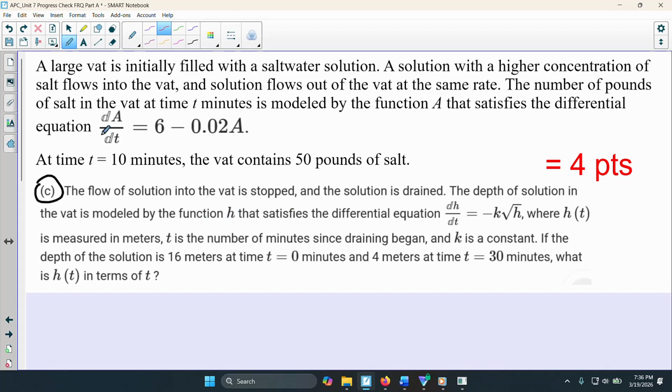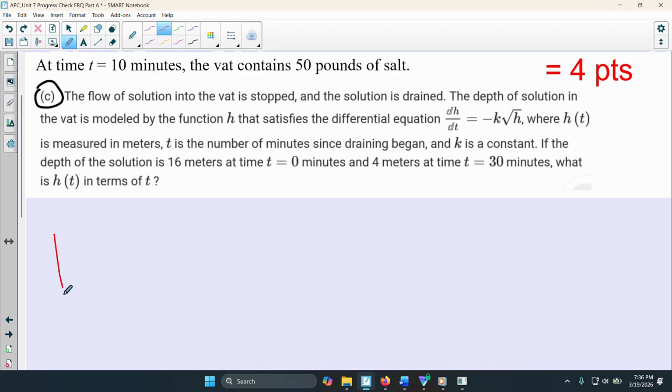So whatever happened here, it pretty much stops. The idea here is that at a certain point you have solution filled up to whatever level you have, and then the flow stops at A, and the solution is being drained.